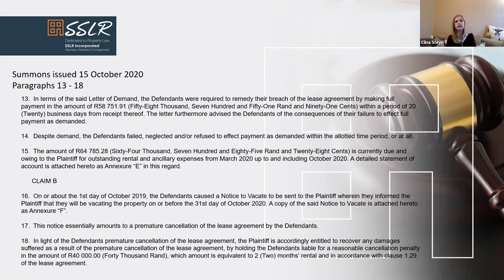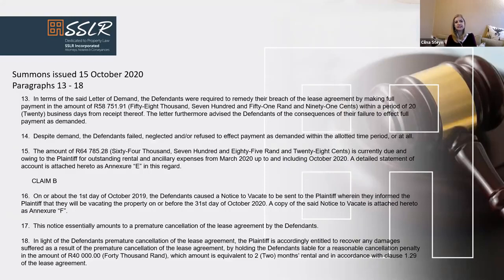This lease agreement does not disallow that, and none of the TPN leases demand before we can issue summons. You need to demand and place somebody on terms before you can cancel, but you don't need to demand before you issue summons. So it's very important to keep this in mind.